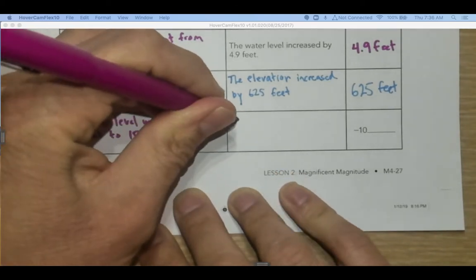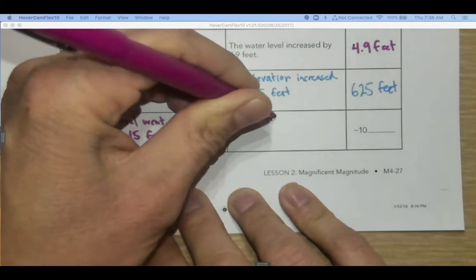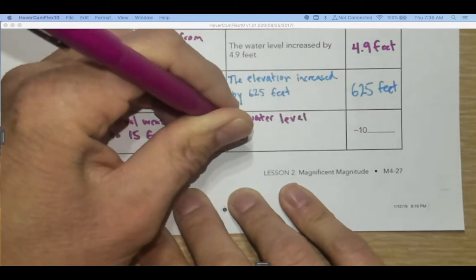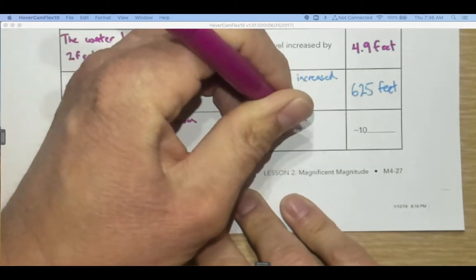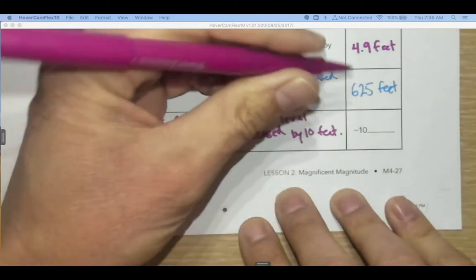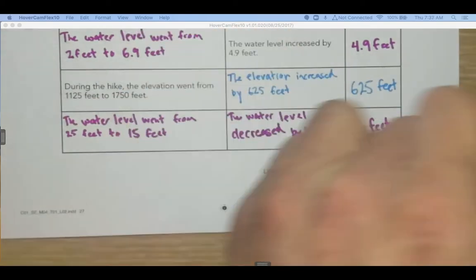The water level decreased by 10 feet. And then it would be negative 10 feet that the water went down with.